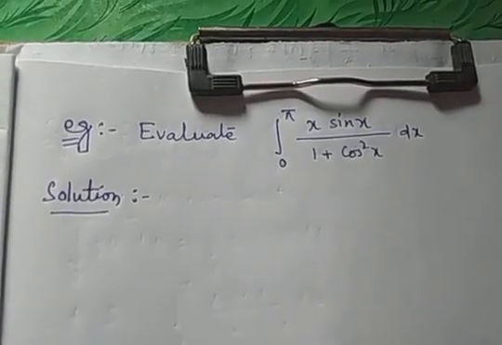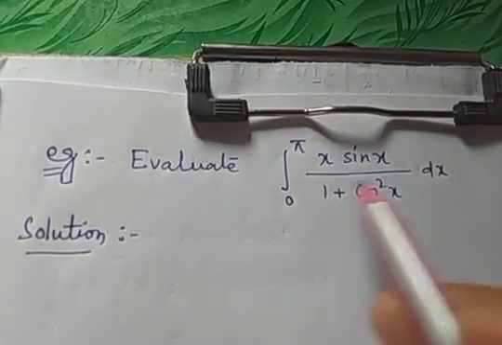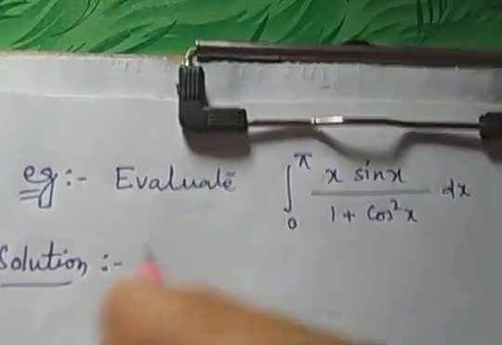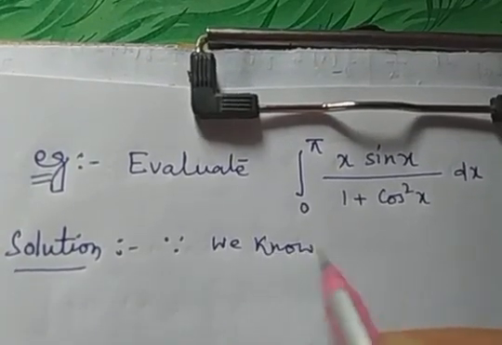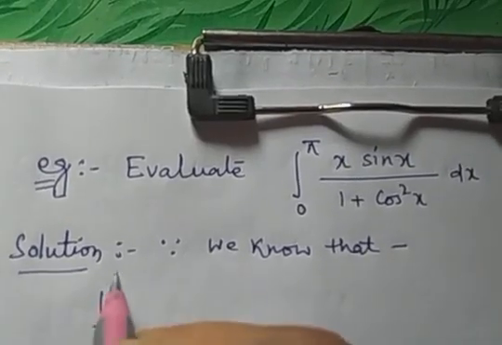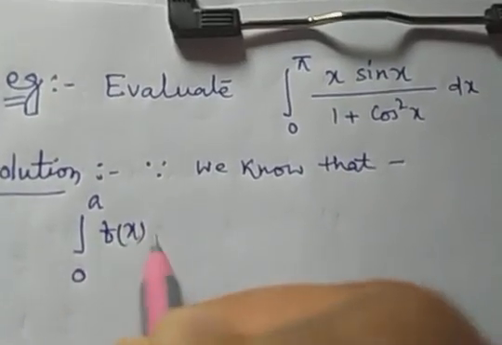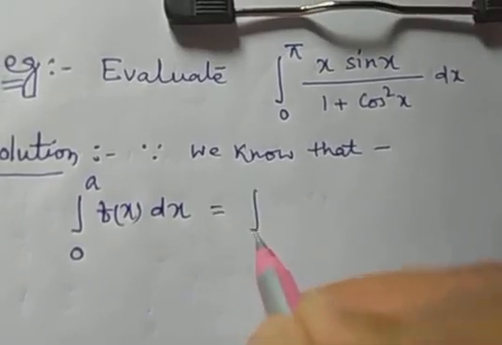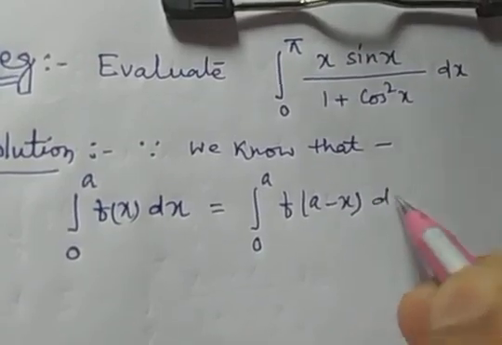Hi students, today I am going to solve the integration from 0 to pi of x sin x upon 1 plus cos square x dx. Okay students, since we know that integration from 0 to a of f(x) dx is equal to integration from 0 to a of f(a minus x) dx.